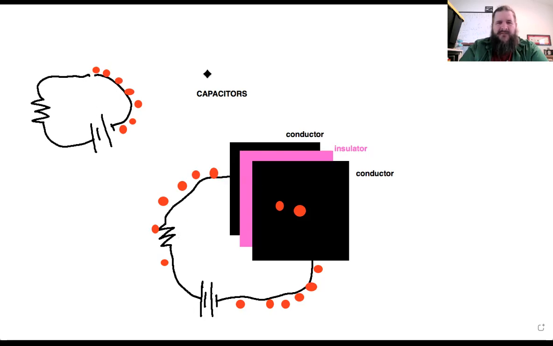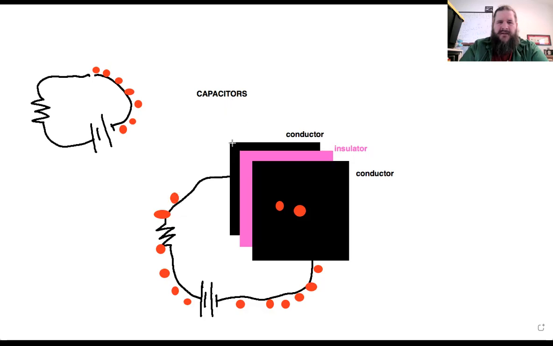But in this case, the conductor already has lots of electrons. It's not just empty. The conductor is made of atoms, which consist of electrons and protons in equal balance. But because the conductor is large, the battery is actually able to pull charges through. Pull the electrons through and pull electrons out of the conductor.